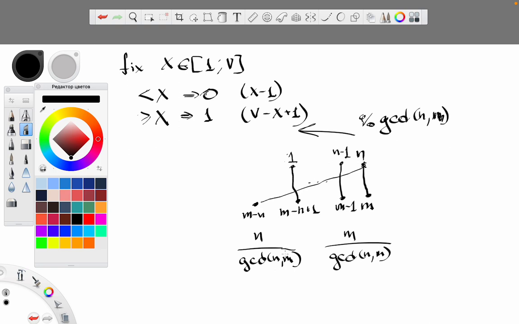So we either color each component separately, we either color all of these zeros and all of these ones, or vice versa.